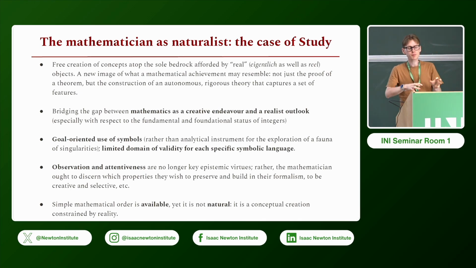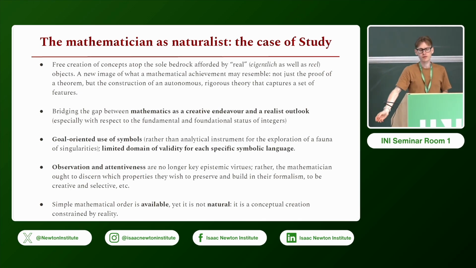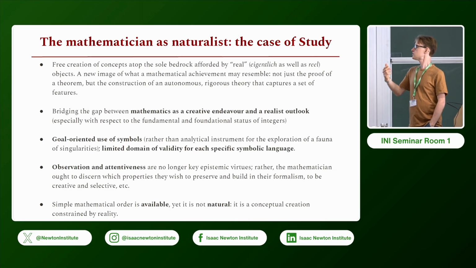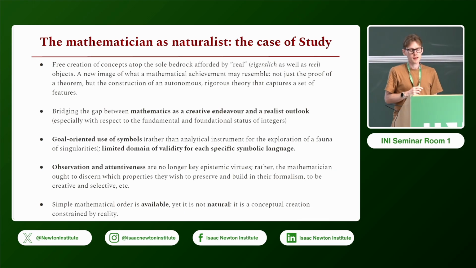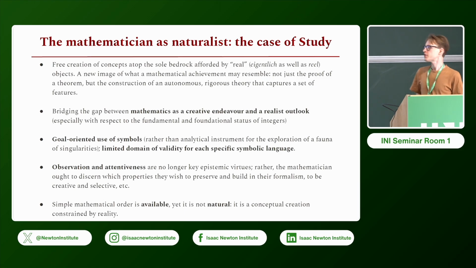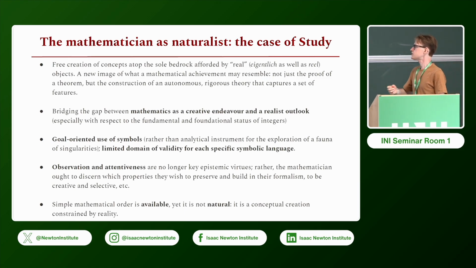He has to select properties that they wish to preserve and build into the formalism. So values like creativity, selectivity, independence, autonomy are perhaps more important than observation, patience, tolerance towards the many quirks of nature. So a different portrait of the mathematician as an epistemic actor.